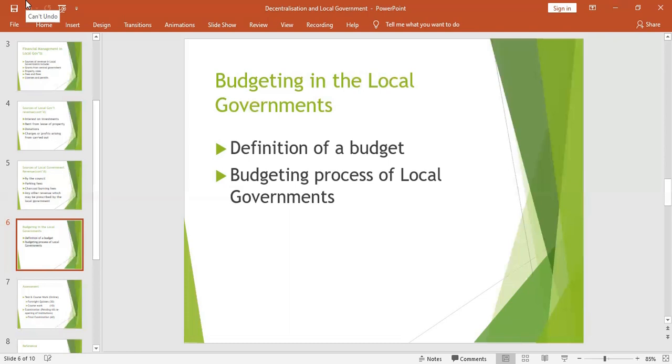Briefly, let us look at budgeting in the local governments. We'll start on budgeting in the local governments, then we shall complete it next time. Budgets are instruments of management, planning, and control. Local governments have the right and obligation to formulate, approve, and execute their budgets and plans, provided the budgets are balanced, and that is Section 77 of the Local Government Act, Cap 243.